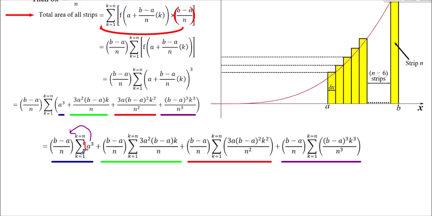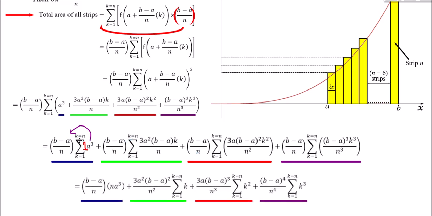And so this one here will just become b minus a all over n multiplied by n a cubed. I'll leave the other ones until a bit later, but for now I'm just replacing this with b minus a over n, and this becomes n a cubed, because a cubed is just a constant.